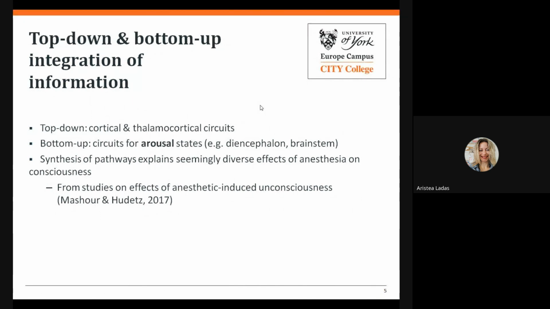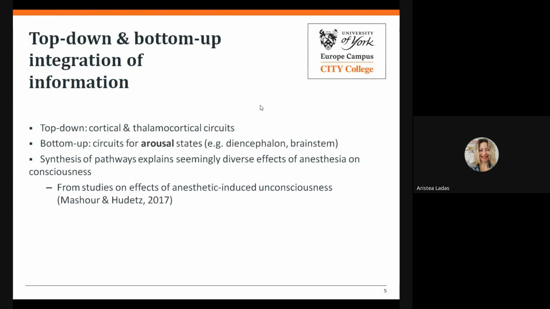For the top-down integration of information, it seems that cortical and thalamocortical circuits are responsible, whereas for the bottom-up integration, circuits for arousal states such as the diencephalon and the brainstem, which are involved, of course, in the circadian rhythm of a human, are crucial for that kind of integration.